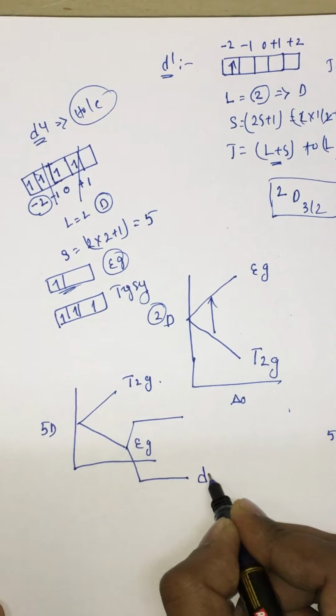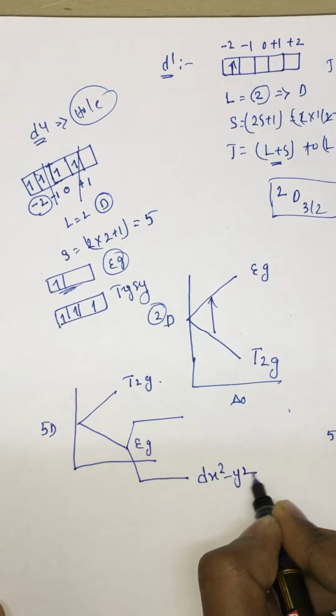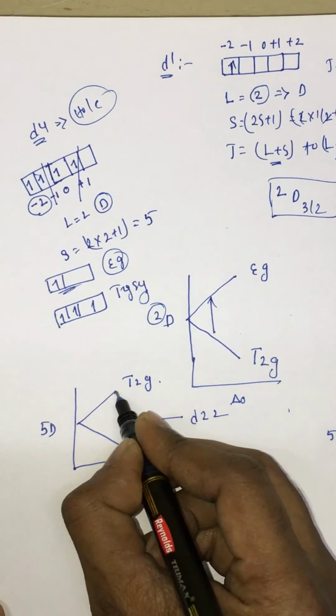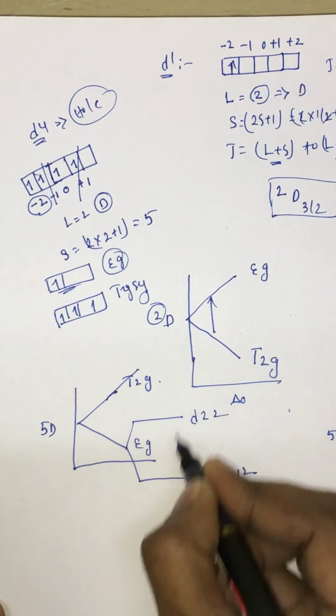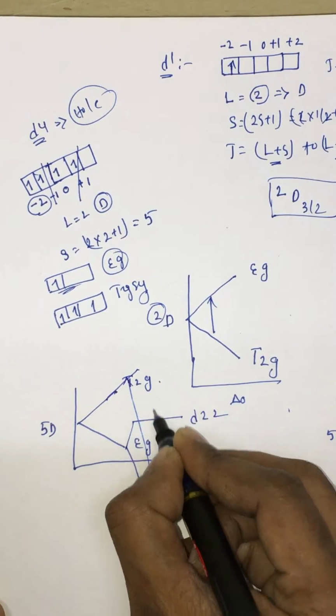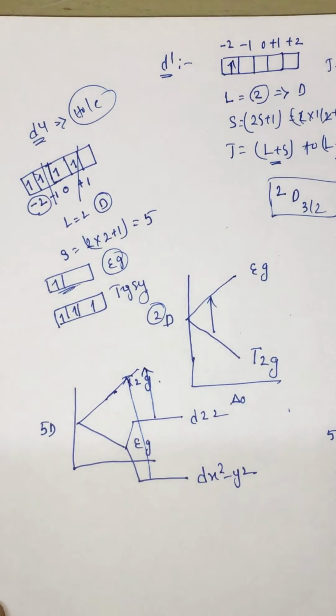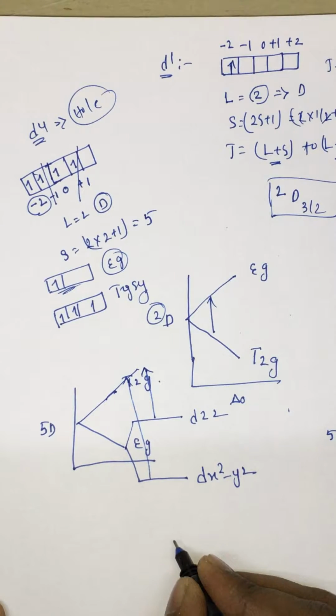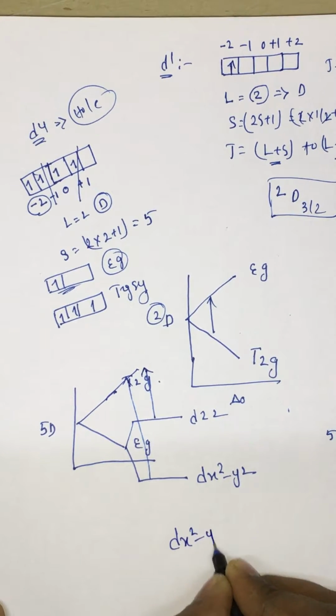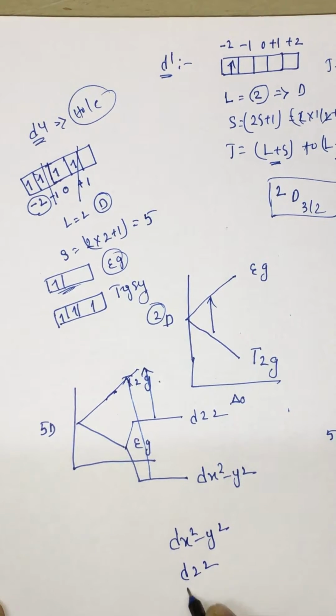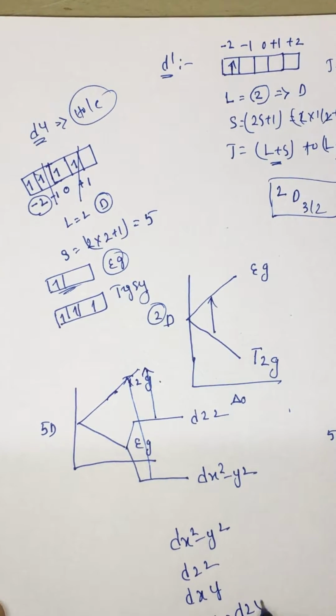This will be dx square minus y square, and this will be dz square. So here we have two transitions. One is the transition from here, another transition will be from here to here. We have to remember the Mulliken symbols also for dx square minus y square, dz square, dxy, dyz, dzx.